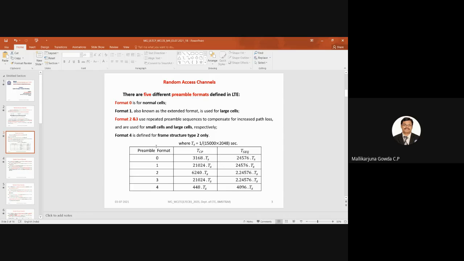For different preamble formats, it is given what the length of the cyclic prefix and the length of the sequence should be. For preamble format 0, the cyclic prefix length will be 3168 into TS. Similarly, the sequence length will be 24576 into TS. Like that it is calculated for different preamble formats.